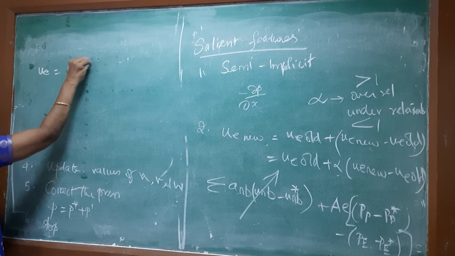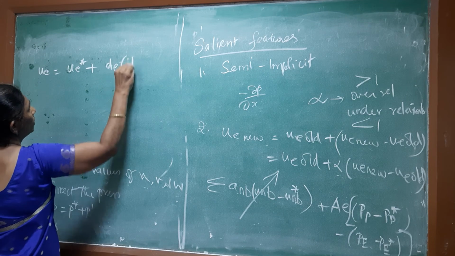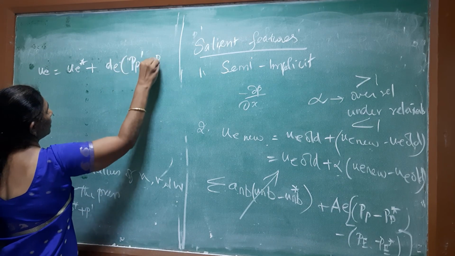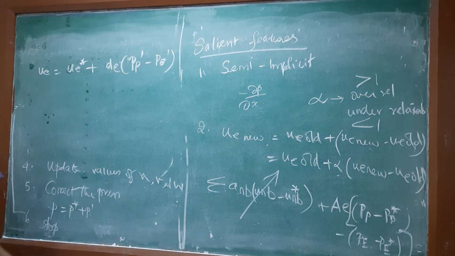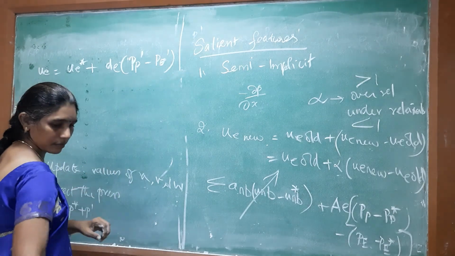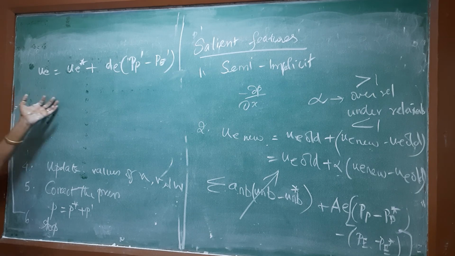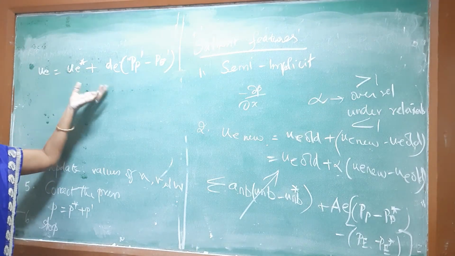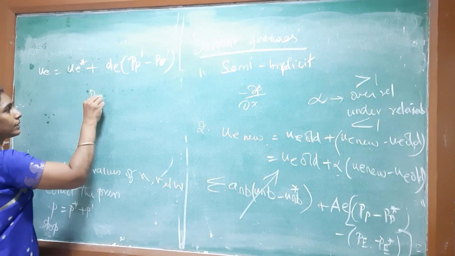UE equals UE star plus DE into PP minus PE. Right? So this equation you will have to remember. And any value of P that is attained or which solves this equation, say P, and any constant added to this.